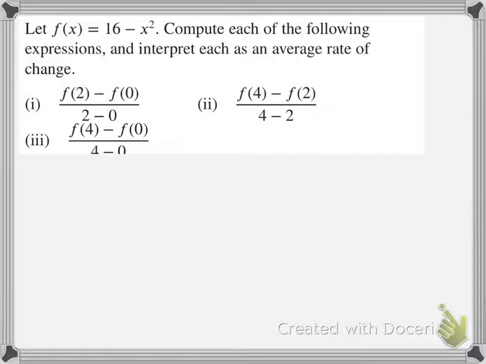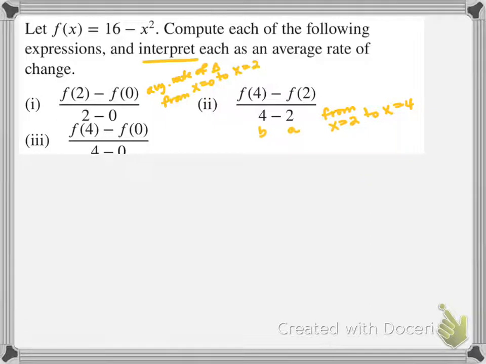Then there are some questions that have you interpret what the average rate of change is. And if you remember from before, it's always from A to B. So part 1 is average rate of change from x equals 0 to x equals 2. Part 2 is average rate of change from x equals 2 to x equals 4.